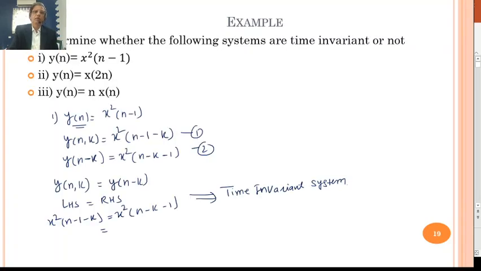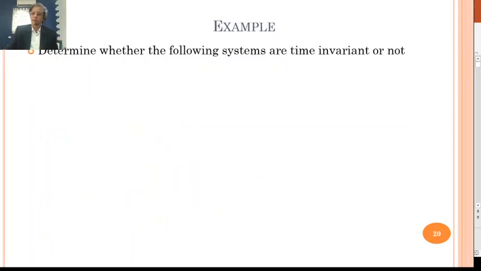Similarly, you can find out for the second system, y of n equals x of 2n. Now first delay the input, x of 2n minus k.